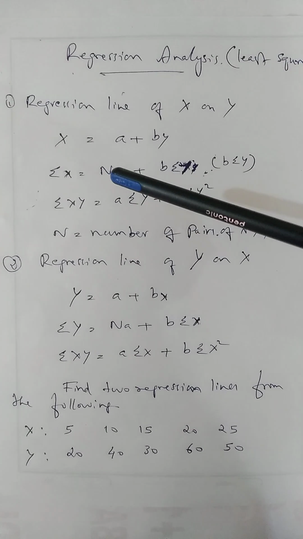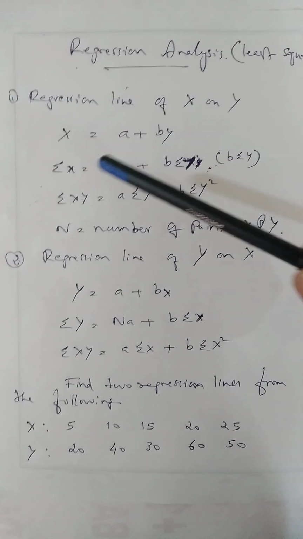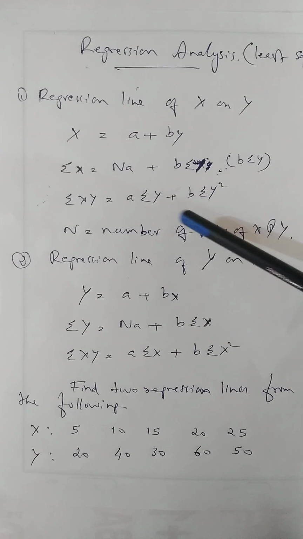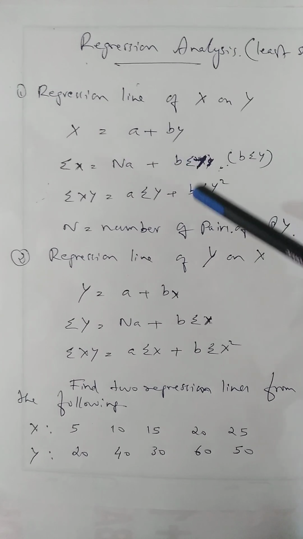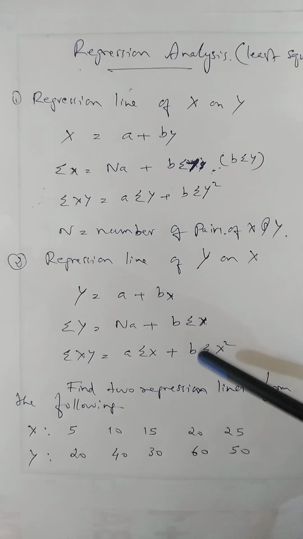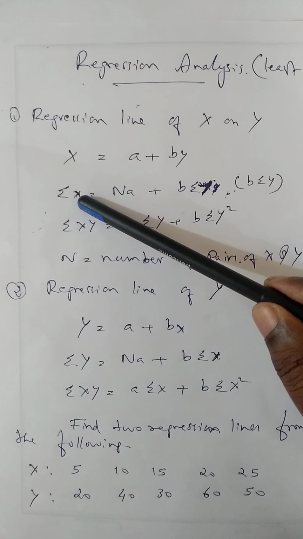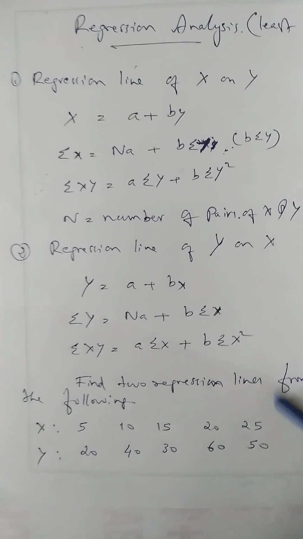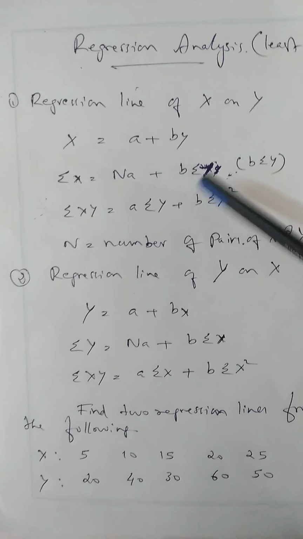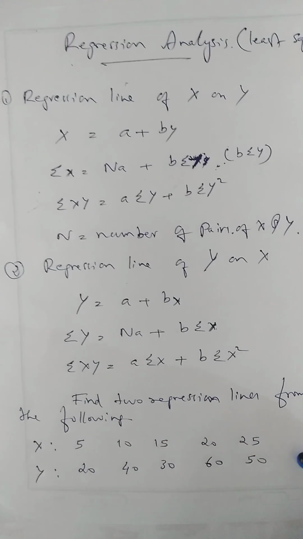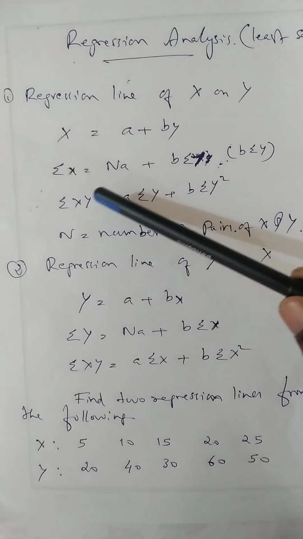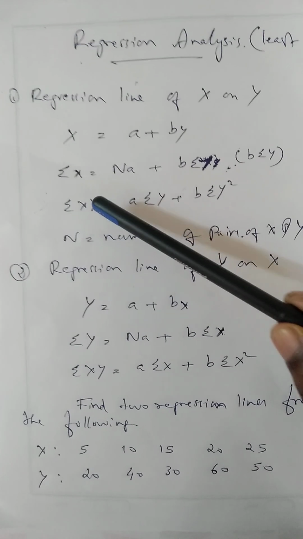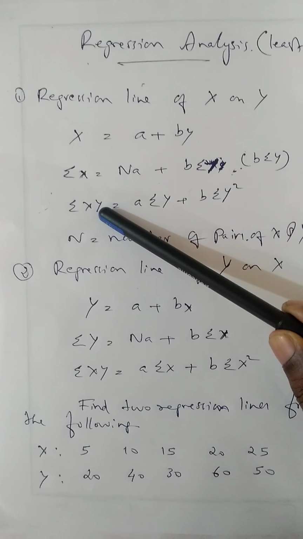Here, if you check the formula, you can find what are the requirements that we have to prepare. For example, sigma x. We can find sigma x by totaling the x column, isn't it? Then sigma y. By totaling the y column, we get sigma y. Then we require sigma xy, so we have to prepare another column, xy column.